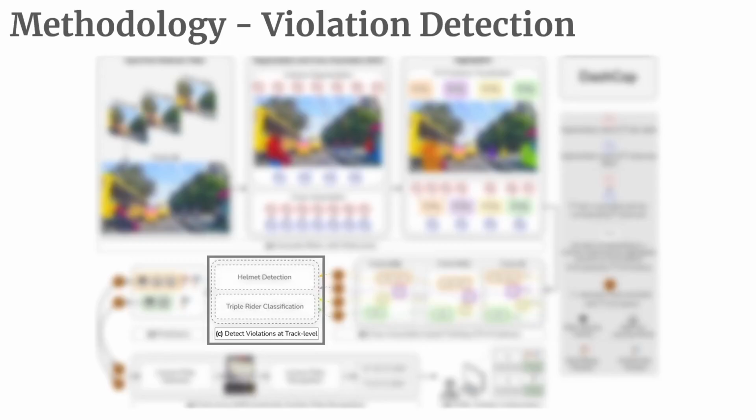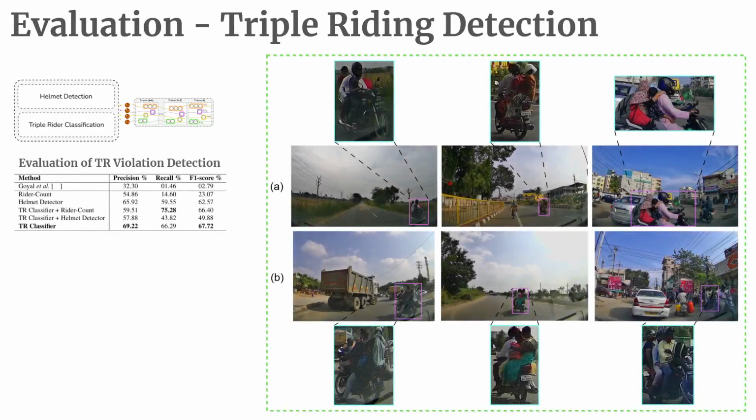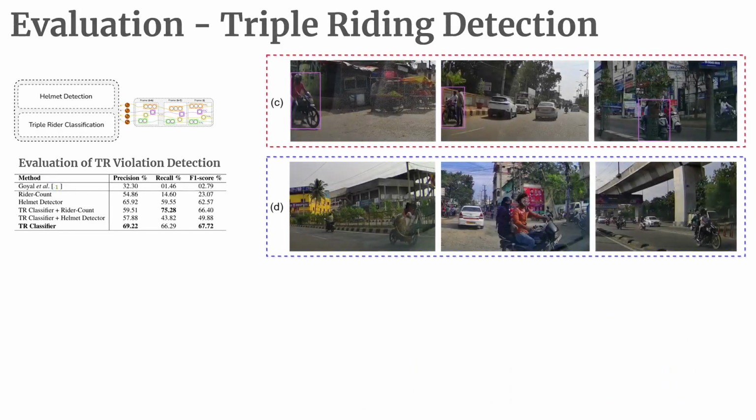For the triple riding classification module, qualitative results show that in figures A and B, the model successfully detects triple riders across challenging conditions such as different weather and road types as well as occlusion. In figure C, however, we see that the model mistakenly predicts violations.